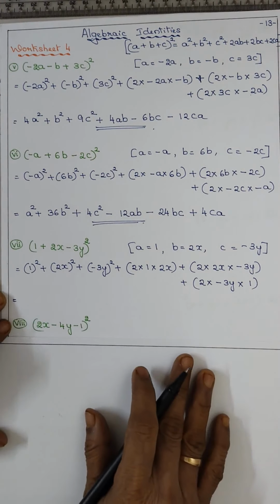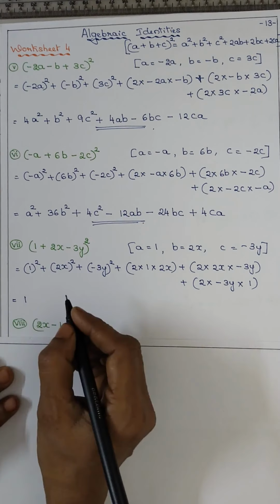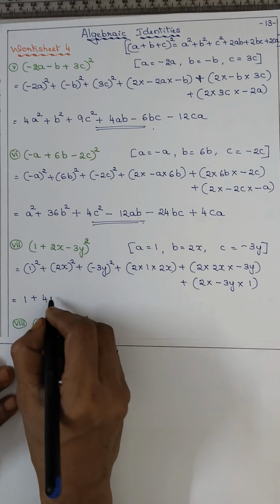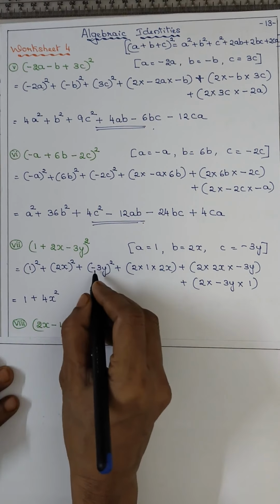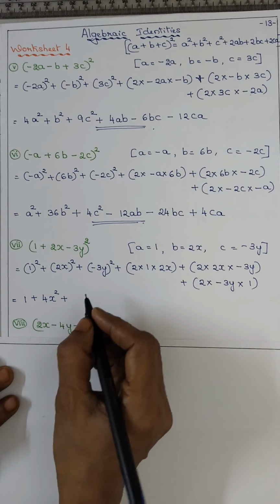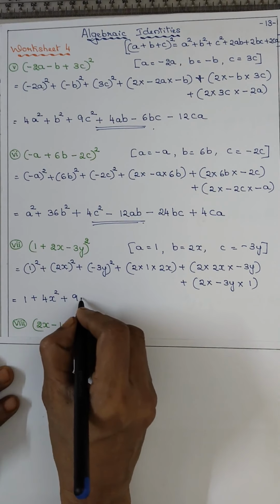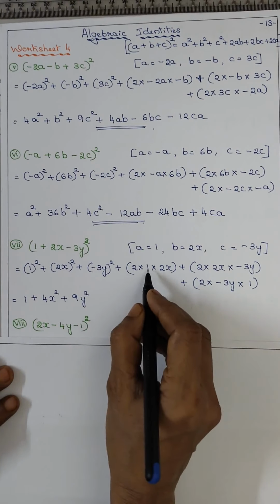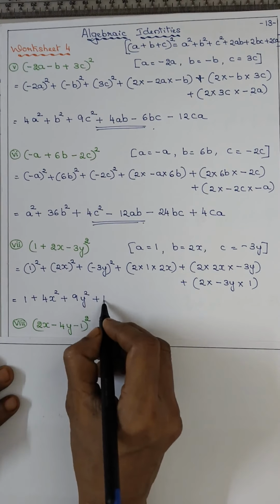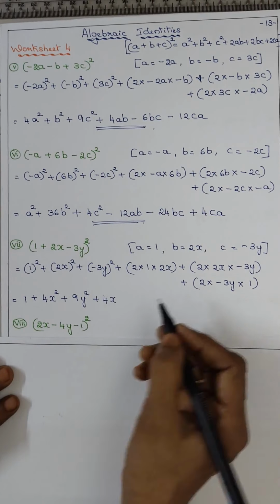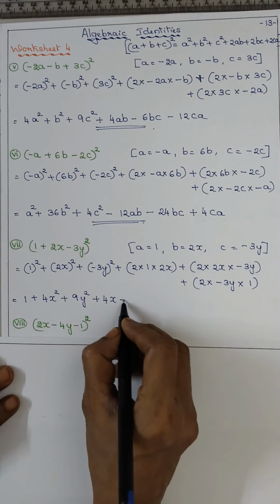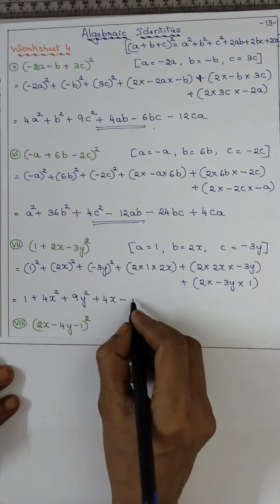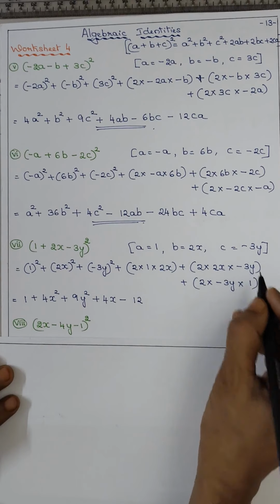Now 1 square is 1, plus 2 square 4x square, square of a negative is positive, 3 square 9y square. Now here 2 1s are 2, 2 2s are 4x. 1 negative, so negative, 2 2s are 4, 4 3s are 12xy.